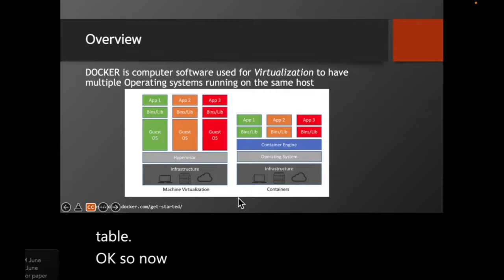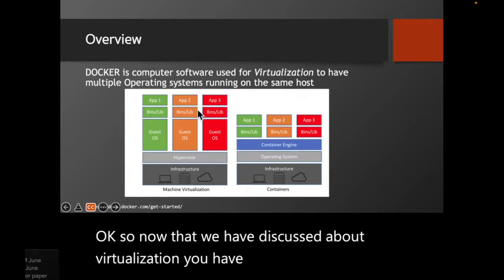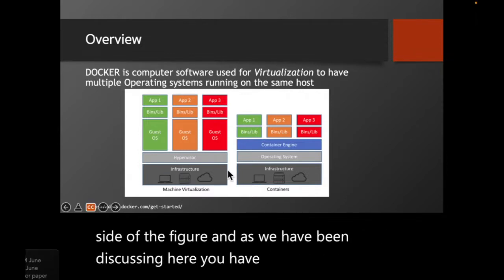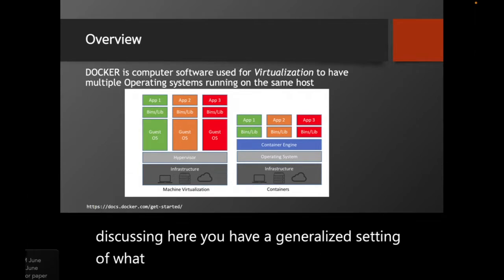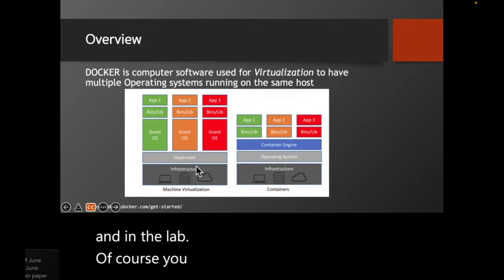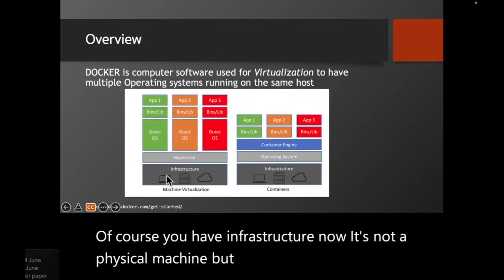Okay, so now that we have discussed virtualization, you have virtualization on the left side of the figure. Here you have a generalized setting of what I have presented in the regular course and in the lab. Of course, you have infrastructure. Now it's not a physical machine, but infrastructure.